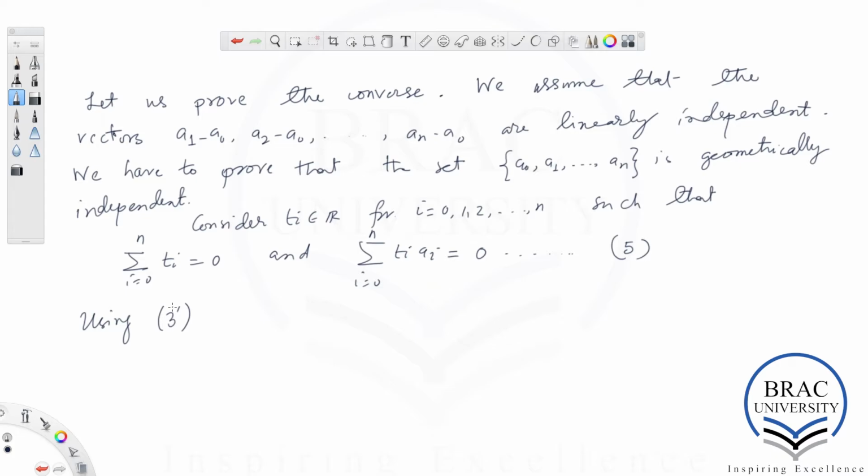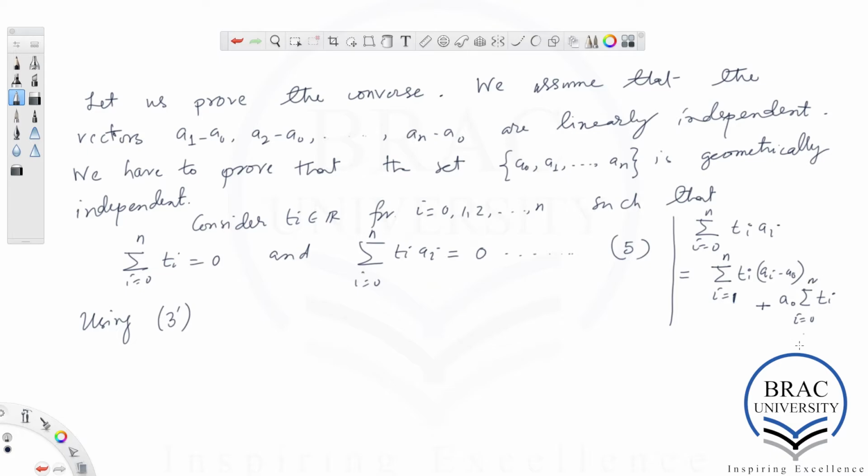Equation 3 prime was the sum over all i's from 0 to n of ti times ai, and this was shown to be equal to the sum over all the terms ti times ai minus a0, where i runs from 1 to n, plus a0 times the sum over all ti's, where i runs from 0 to n.